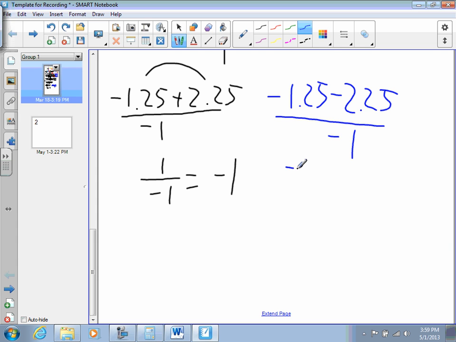Well, that's going to give us negative 3 and 5 tenths over negative 1. And you are welcome to use your calculator to verify that. And so that would equal then a positive 3.5. So now we have x equals negative 1 and 3.5.